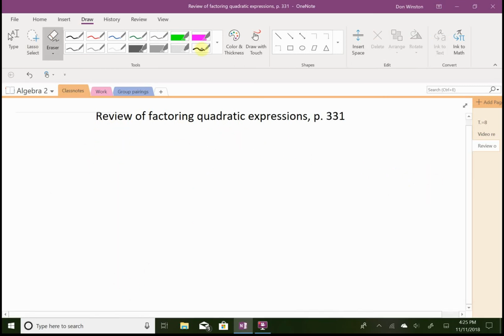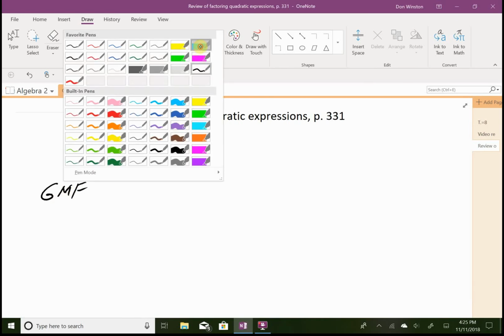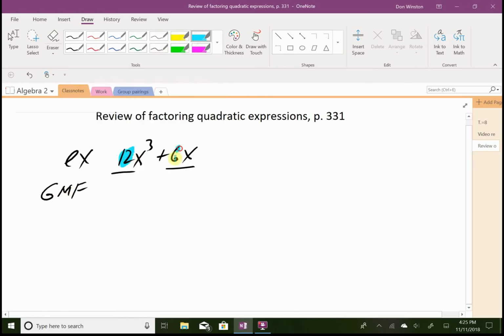So let's look at the next problem here. Let's say I have this problem, 12x cubed plus 6x, and I want to factor that. So again, let's find the greatest monomial factor, the GMF. Again I ask myself, what is the largest number I can evenly divide into 6 and 12?